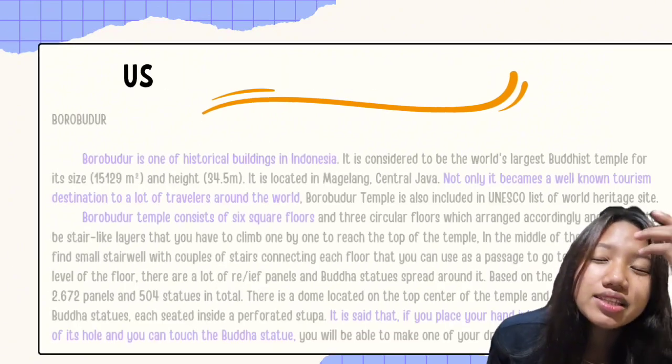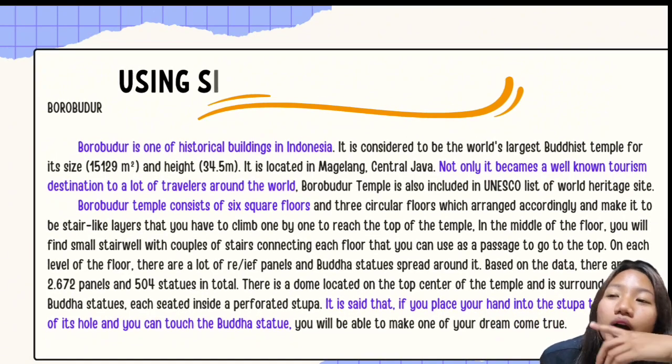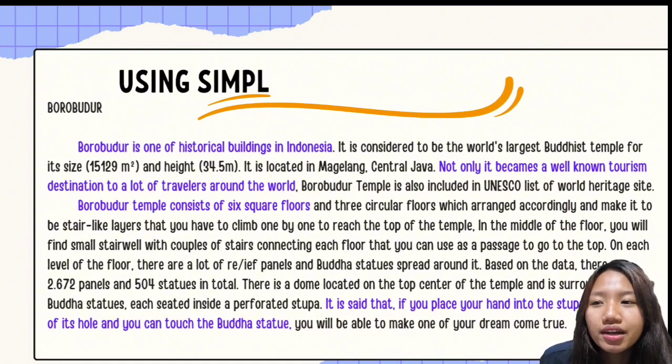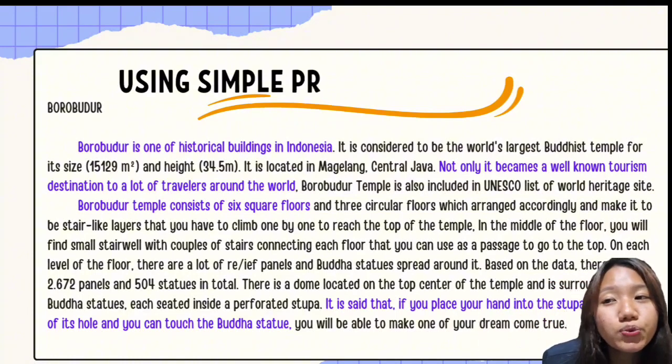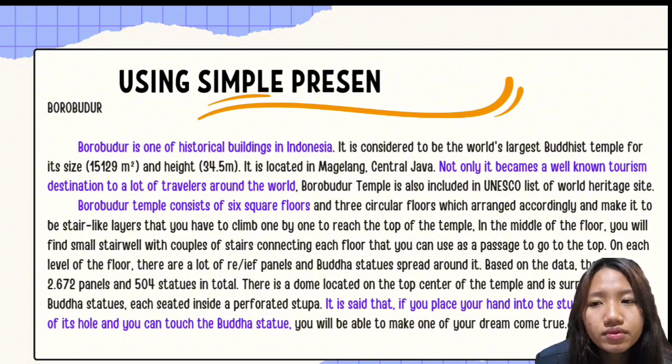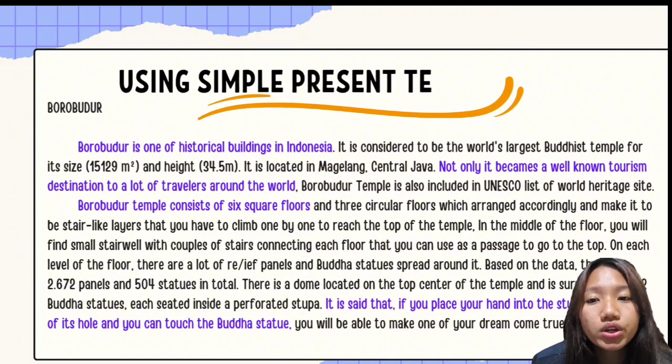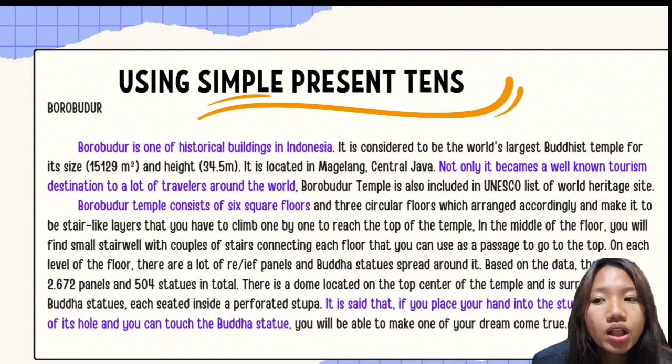And then for the next slide, I would like to show you the example from Borobudur here. For the first, Borobudur is one of the historical buildings in Indonesia, and it becomes a well-known tourism destination to a lot of travelers around the world.